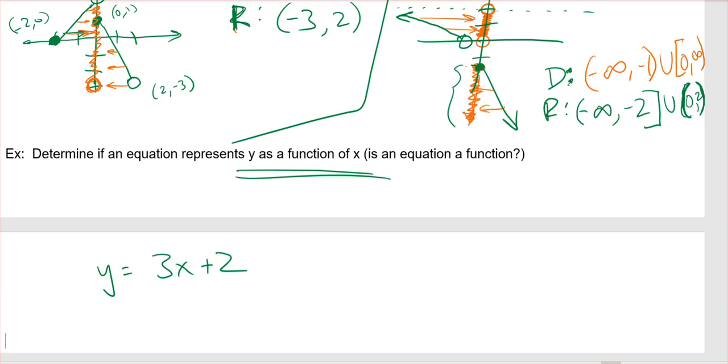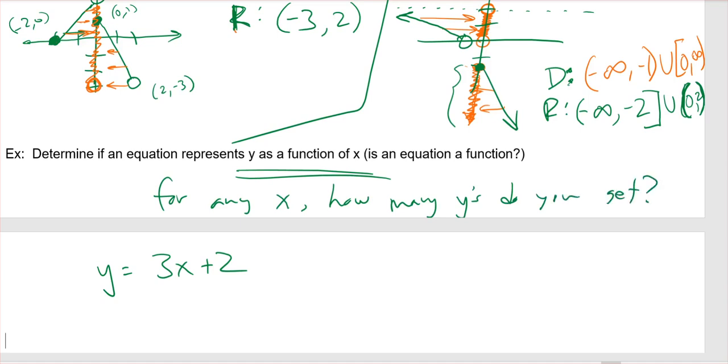Another way to ask that is, how many y values are you going to get if I plug in any x you want? For any x, how many y's are there? In particular with this one, 3 times x plus 2 is going to be y.